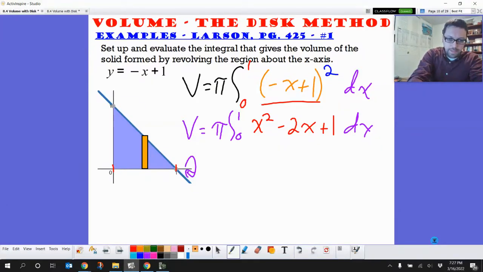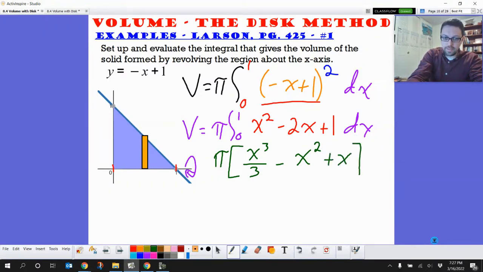So let's do that. So we get pi bracket x cubed over 3 minus, let's see, we'll get an x squared. We'd have a 2 and then divide by 2, so that's just gone. Plus x going from 0 to 1.